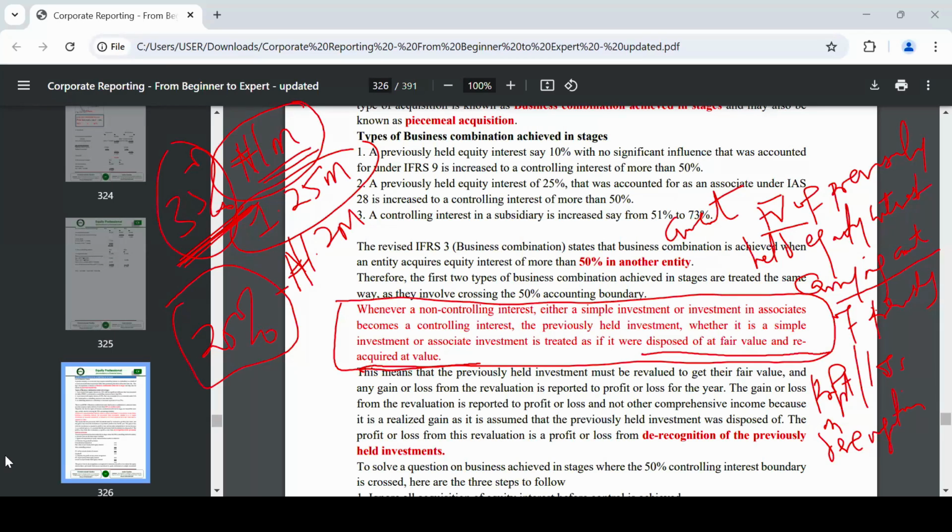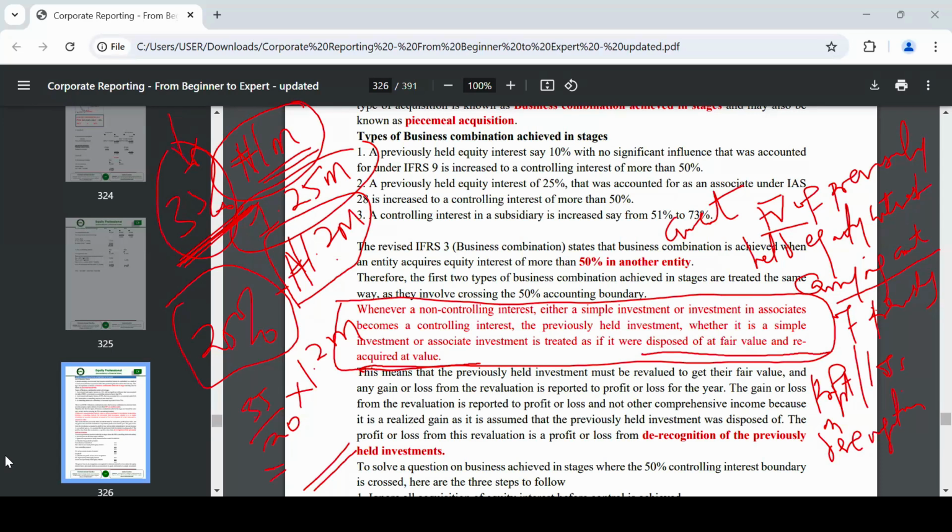We'll simply assume that if this is the fair value of this 1.2 million, then 35% will now be 35 over 20 multiplied by 1.2 million. Whatever we get will now be the fair value of this 35%.